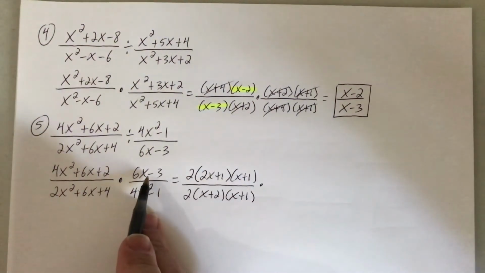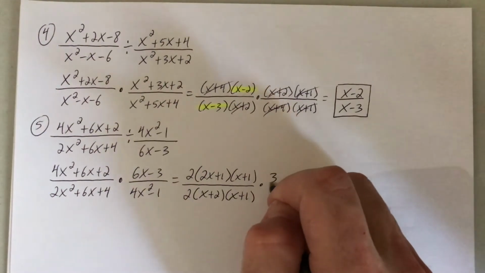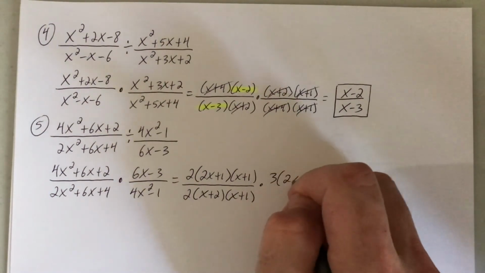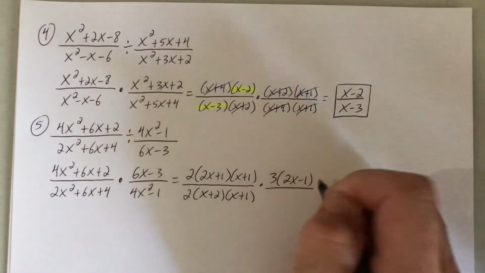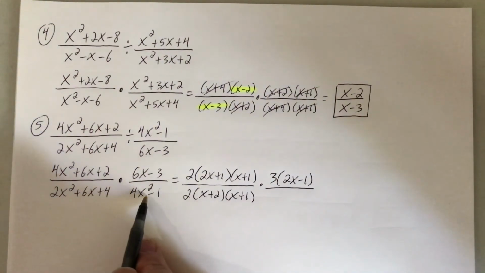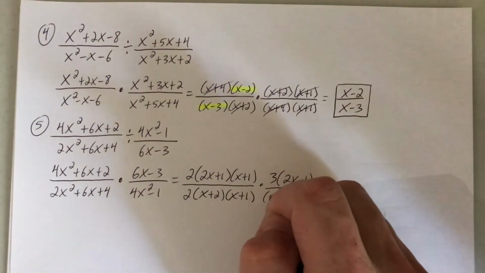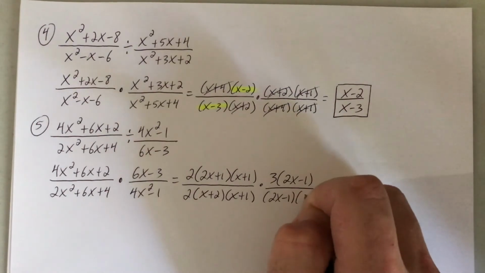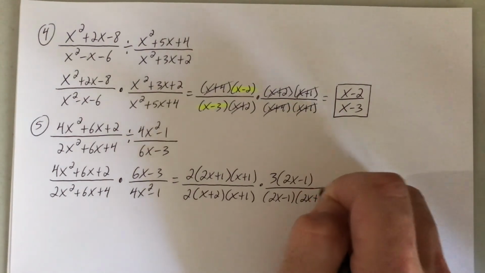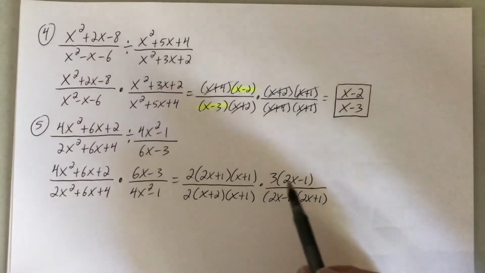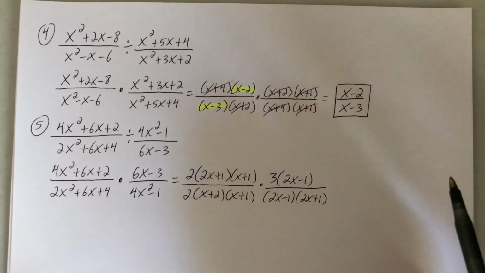This just has a common factor of 3, so that leaves us with 2x minus 1. And then this right here is the difference of squares, and that's going to be 2x minus 1 times 2x plus 1.